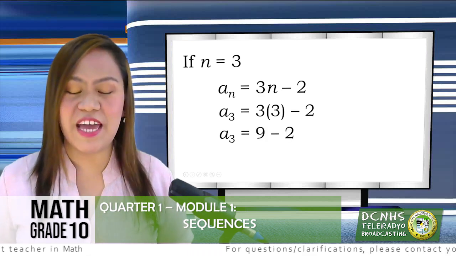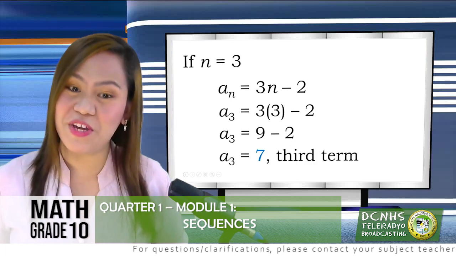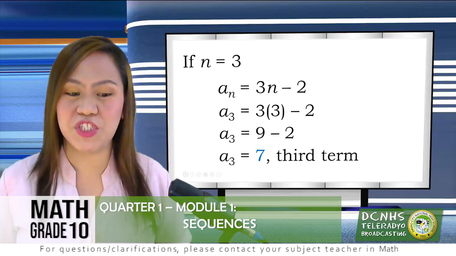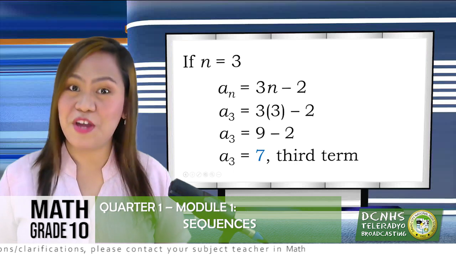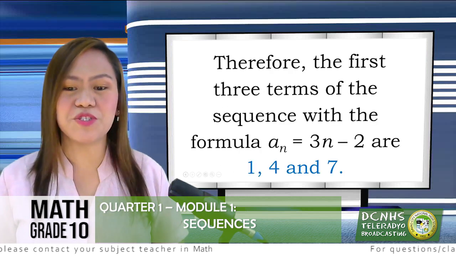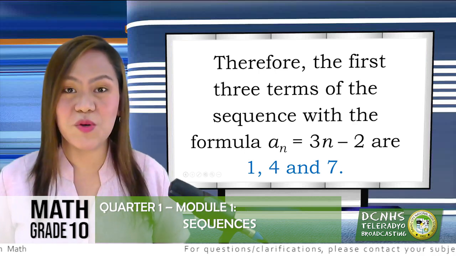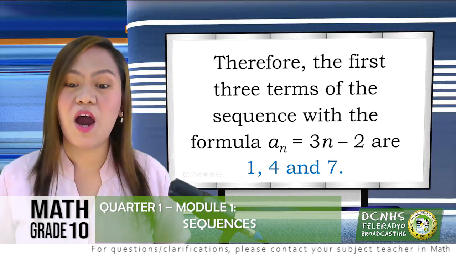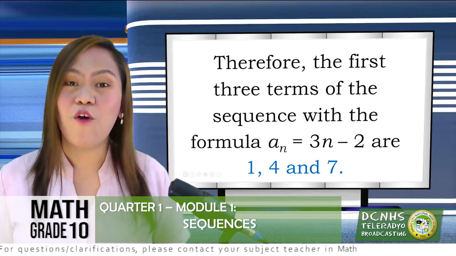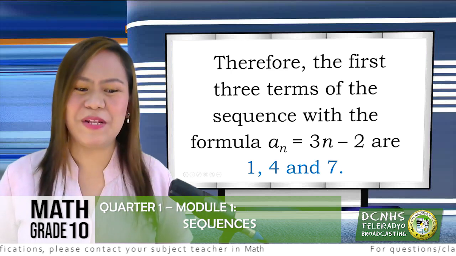So we arrive at the answer of a sub 3 is equal to 7, which is our third term. Therefore, the first three terms of the sequence with the formula a sub n is equal to 3n minus 2 are 1, 4, and 7.